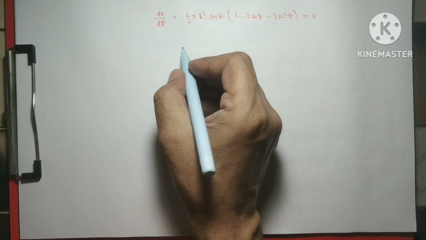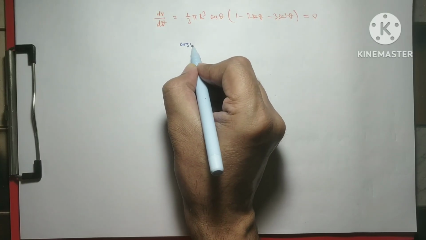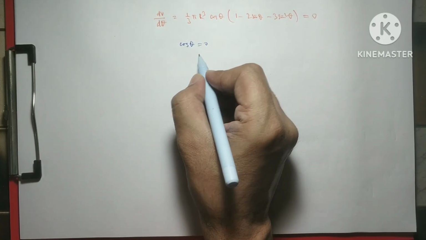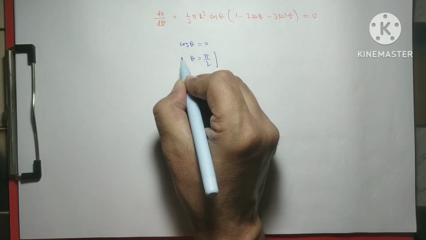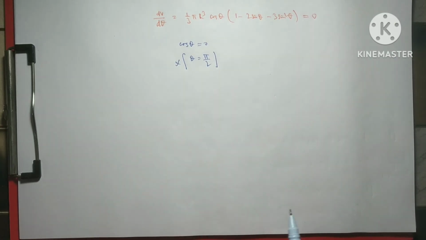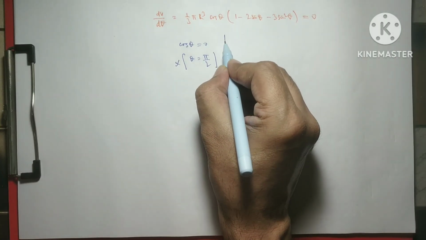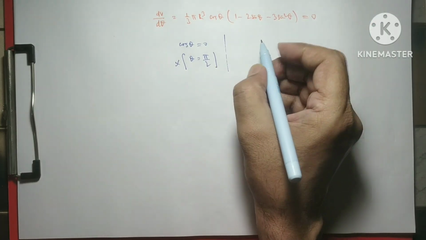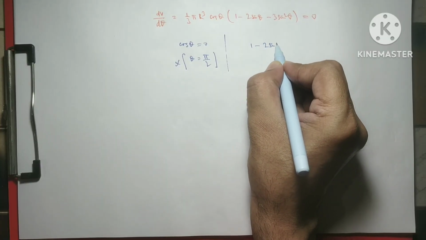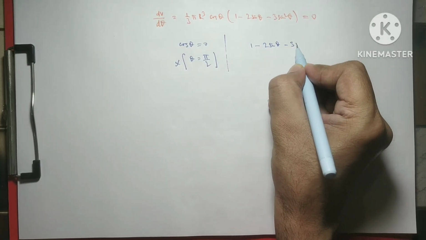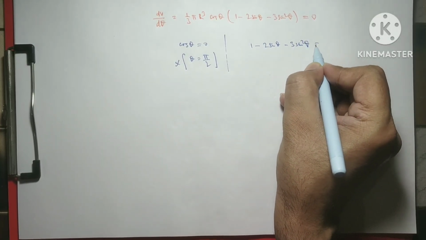First, cos theta is 0, means theta is pi by 2, which is rejected, otherwise the cone can't be formed. And second, this expression: 1 minus 2 sin theta minus 3 sin square theta equals 0.